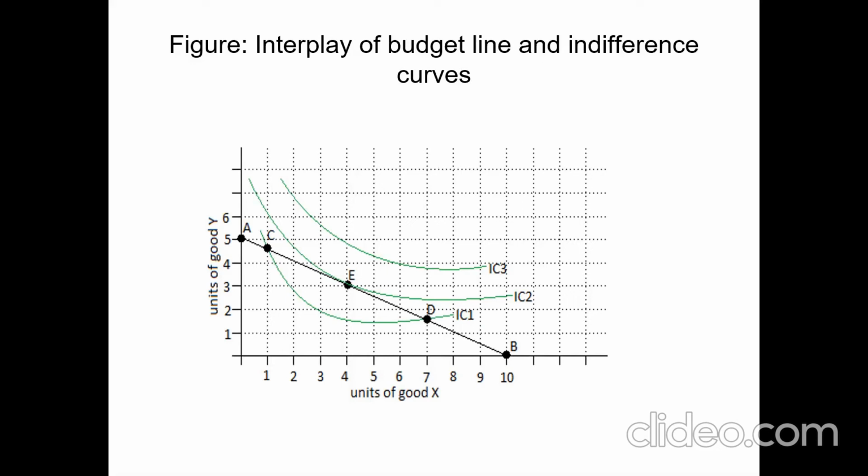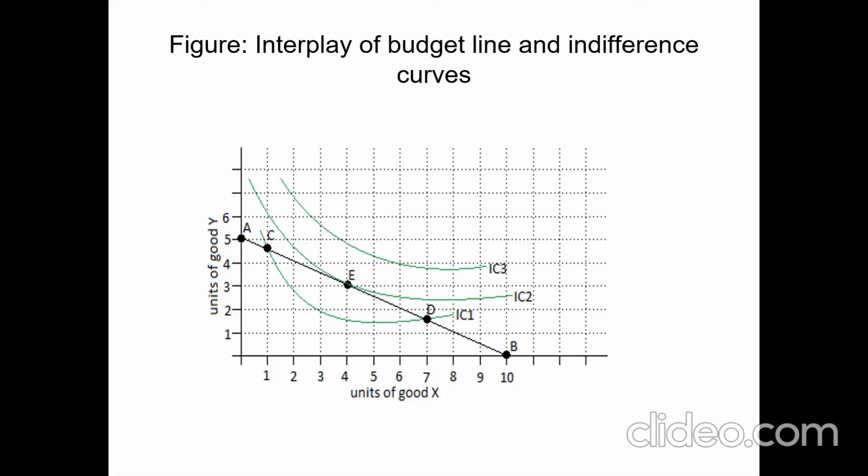Observe the table and listen to what I'm trying to say. The consumer will be in equilibrium, that is achieve maximum satisfaction at any given income level, where the budget line is tangent to the indifference curve. Can you see where? Yes, at point E, the AB budget line is touching IC2.